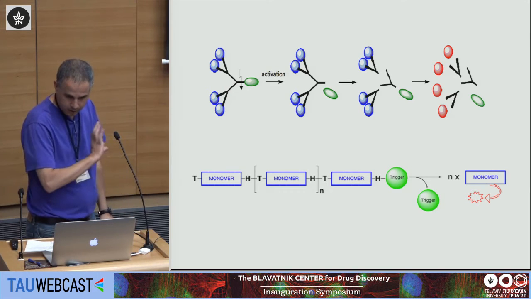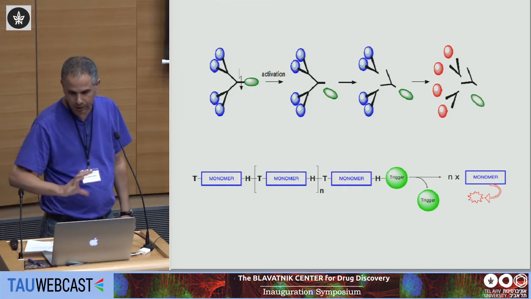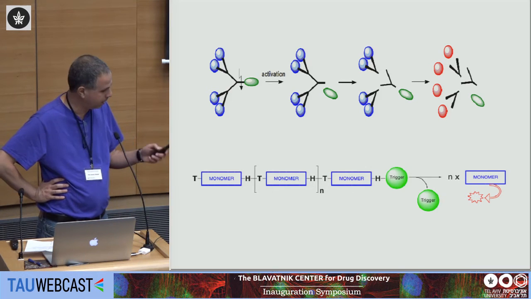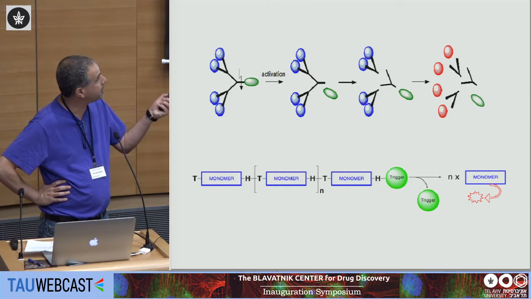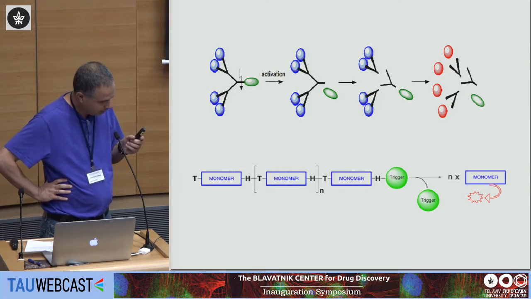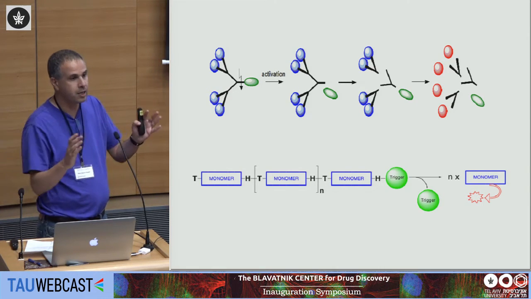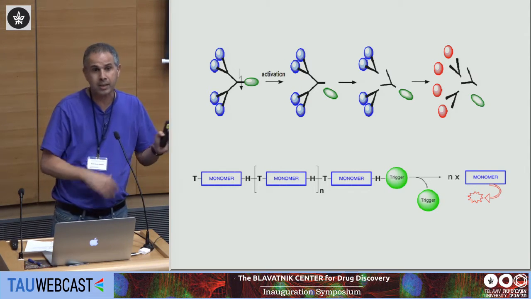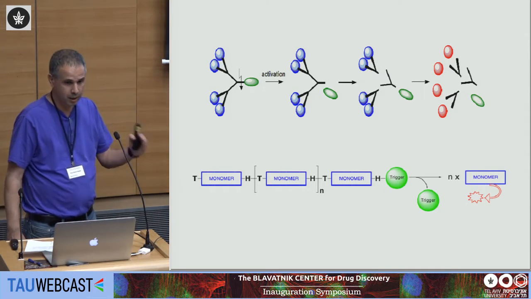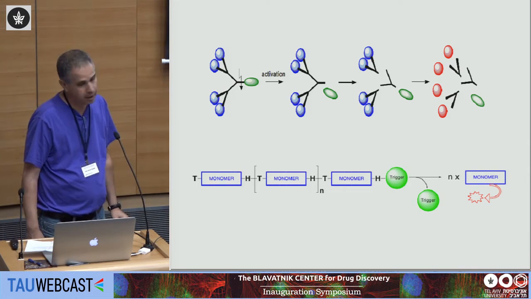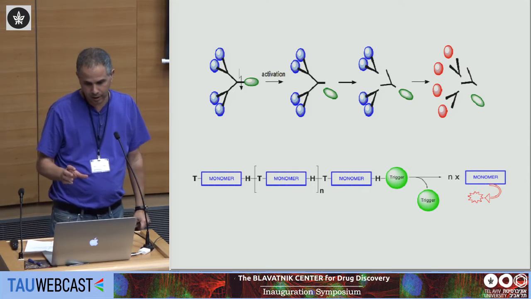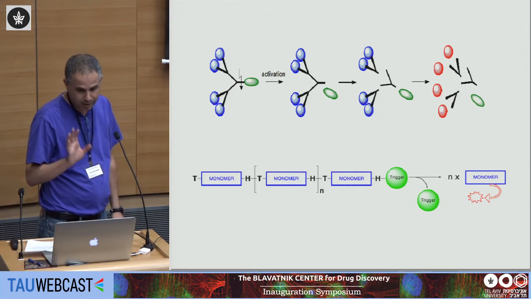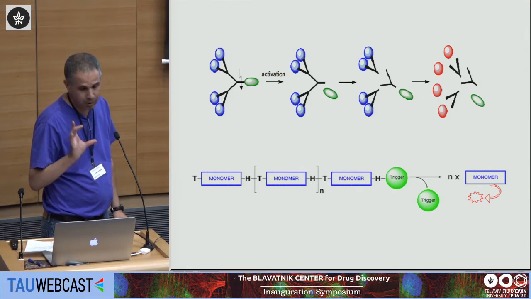So I want to show you now a parallel approach that is based on a dendritic-like structure. If we synthesize high generations of self-immolative dendrimers, it is a tedious stepwise synthesis accompanied by a lot of technical issues. And we wanted to achieve the self-immolative amplification, but with a very simple molecule.